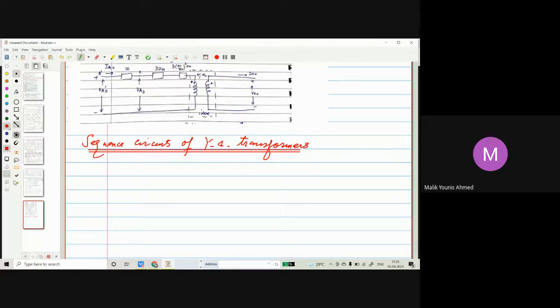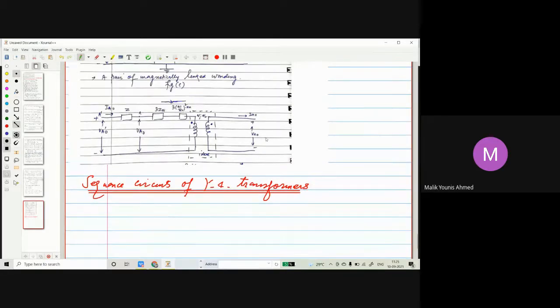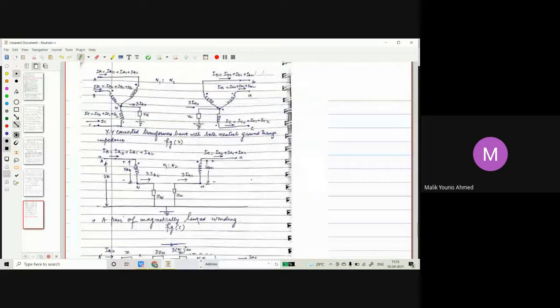This is also an important topic. So I have drawn some diagrams. I will be explaining these diagrams afterwards. These are very simple diagrams.